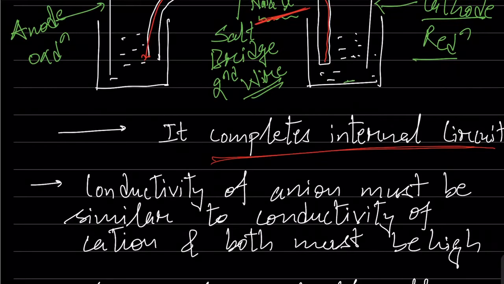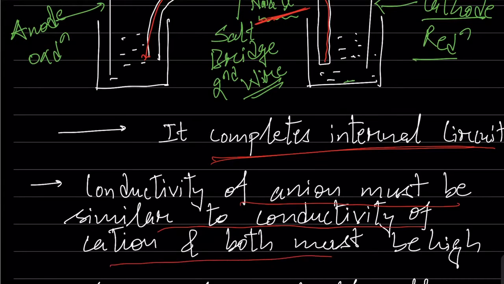The conductivity of the anion, that is Cl-, must be similar to the conductivity of the cation, that is Na+, and the conductivity of both must be high. The conductivity of cation and anion must be the same and both must be high. If the conductivity is different, then we will fall into a problem. Because of the difference in conductivity, the movement and the completion of the circuit will not be very comfortable, or you can say not very ideal.